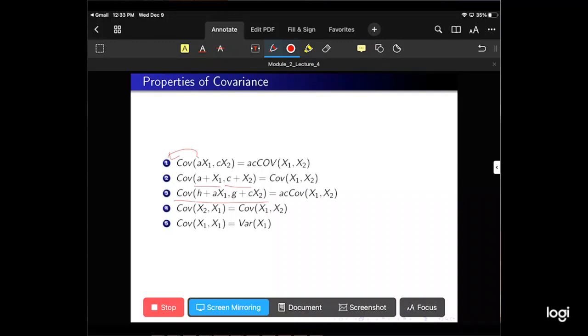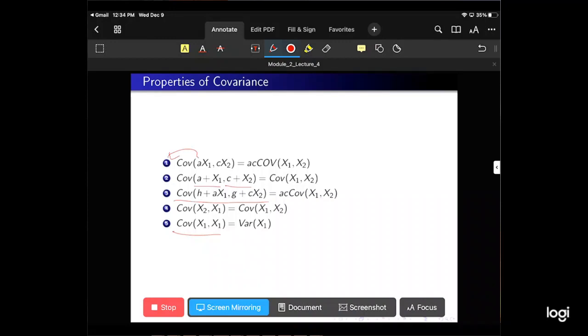Here's a nice one, number 4. The covariance of X2 and X1 is equal to the covariance of X1 and X2, meaning that it doesn't matter which way we put these into our formula. And then finally, the covariance of X1 with itself is just the variance of X1.